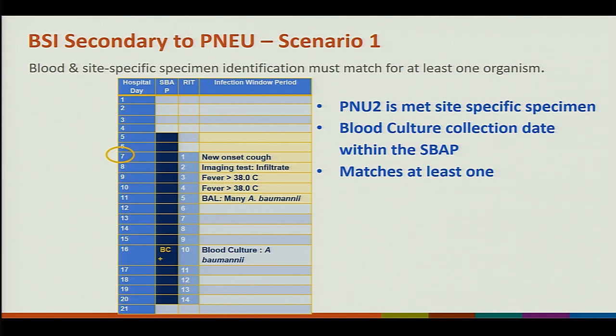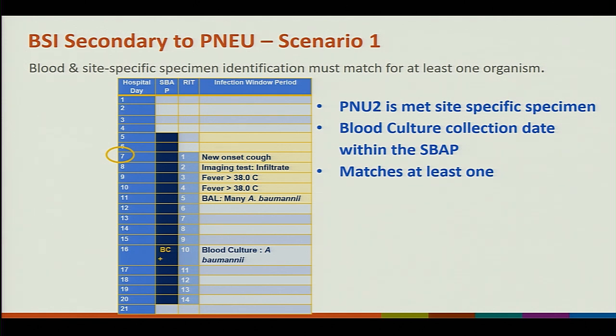Again, assume that the imaging is met when I say imaging test infiltrate. We're not going to get into that part. We're going to focus on secondary BSI assignment now. So here we have the pneumonia 2 definition met with a BAL specimen with an eligible quantity in the secondary BSI attribution period for that pneumonia event.